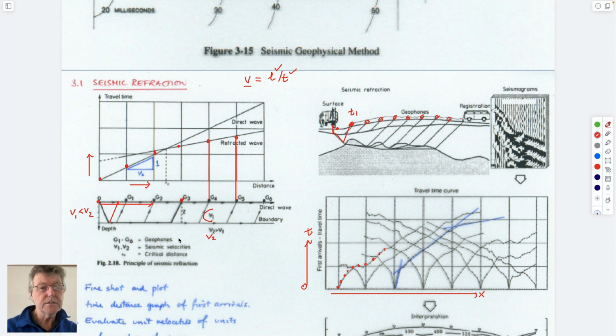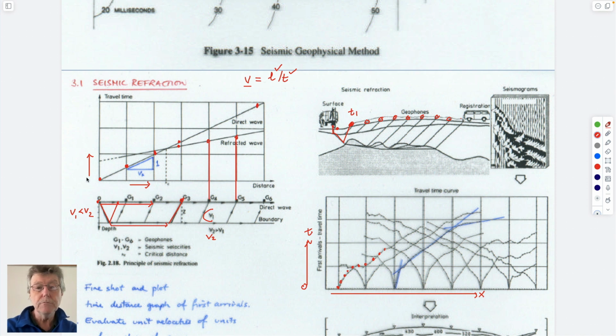So if the seismic velocity in the lower layer is faster, it would rather go down to this fast layer, go along it, refract back up through that layer, and be registered at this geophone. It's the fastest way it comes. The wave that comes all the way in the slower media and arrives here would arrive later. It's not so obvious here, but if it comes all the way to this geophone here, it would be the direct wave along the surface, and it takes longer.